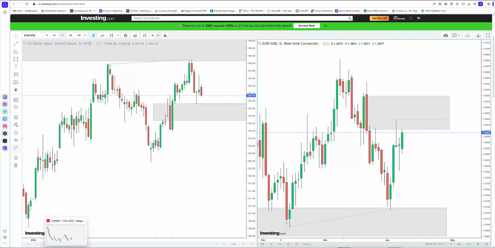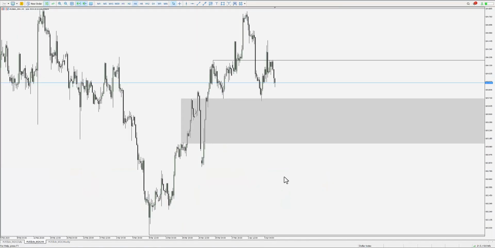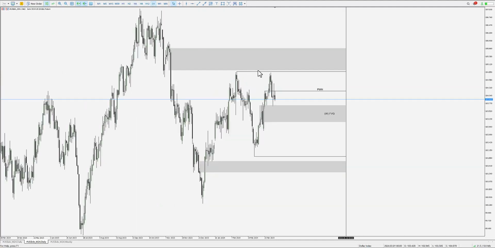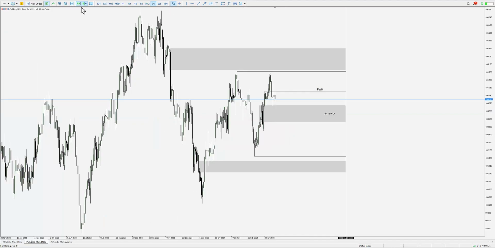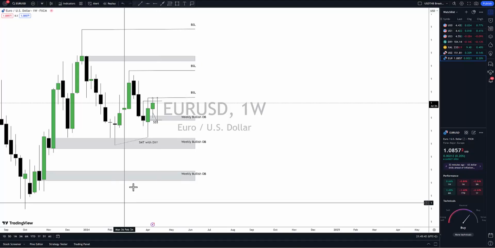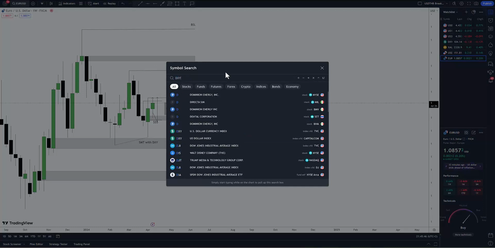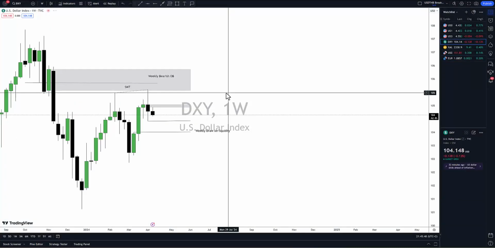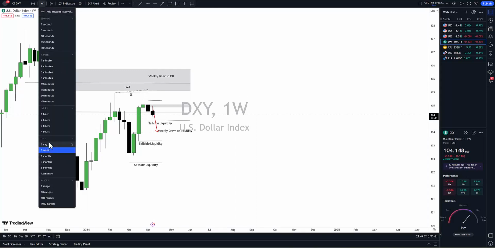So I'm just gonna go onto my MT5. Now let me go to TradingView. So we're on Euro USD. I need DXY because I've already done this analysis and I've already shared it with you guys on the group.